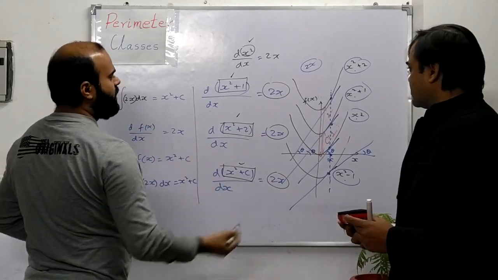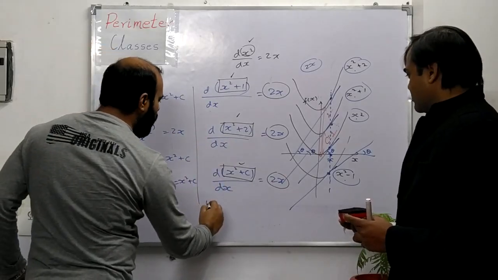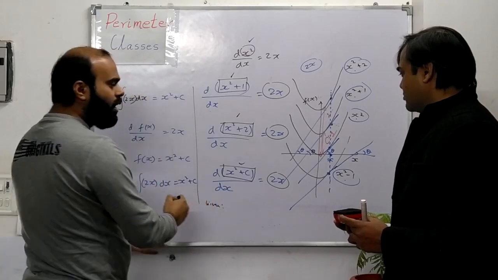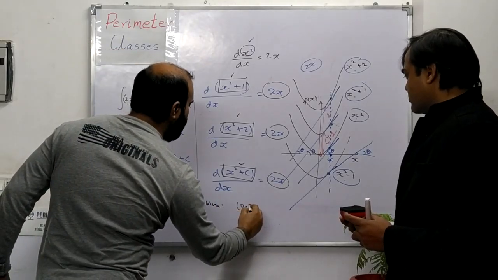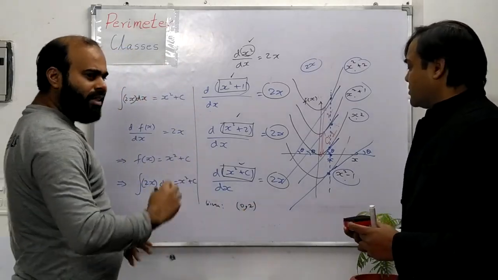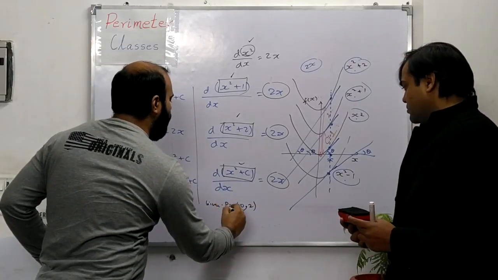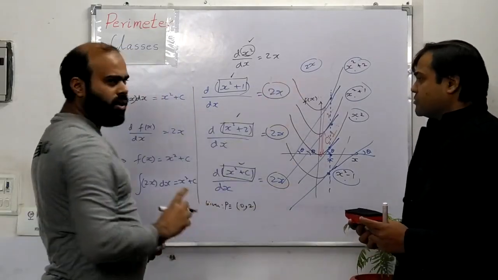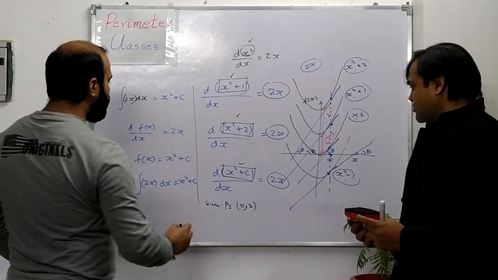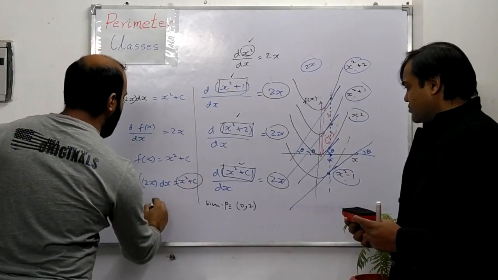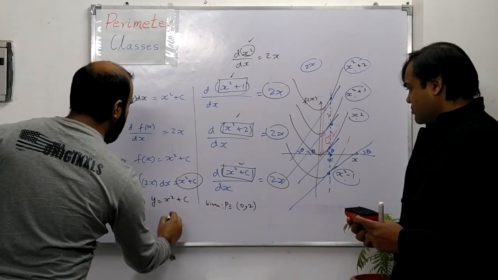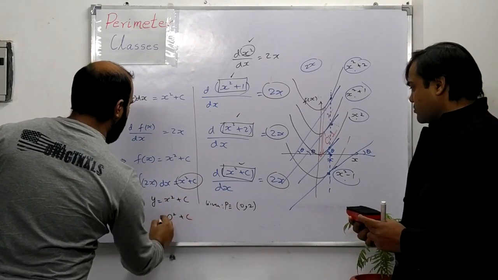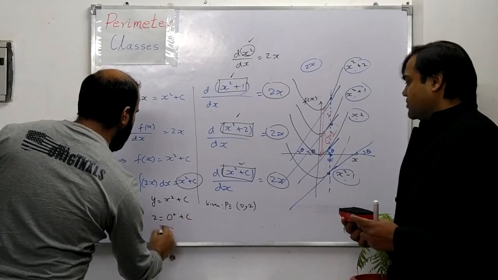But if I give you some extra condition, like you have to find a curve which is passing through the point (0, 2), suppose, then you have not a family of curves but one specific curve. If you take y equal to x square plus c as the function and you put x equal to 0 and y equal to 2, the value of c is 2.